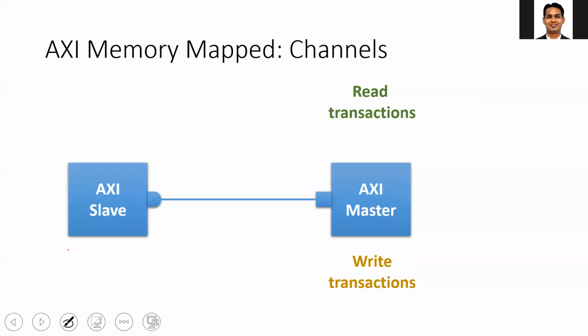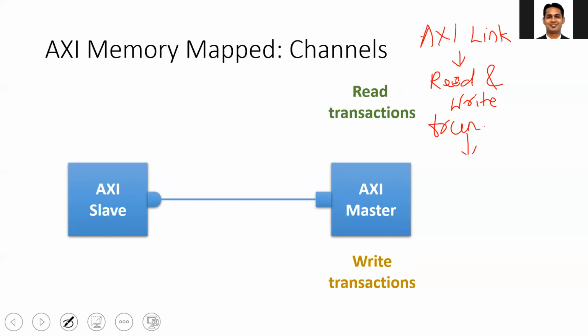In the AXI link, you have the read and write transactions. To support the write and read transactions, you have channels.